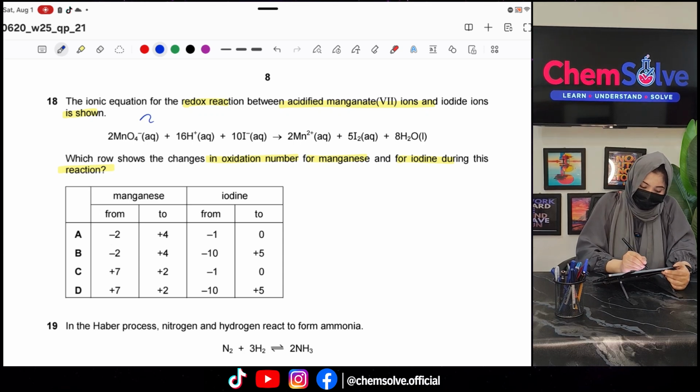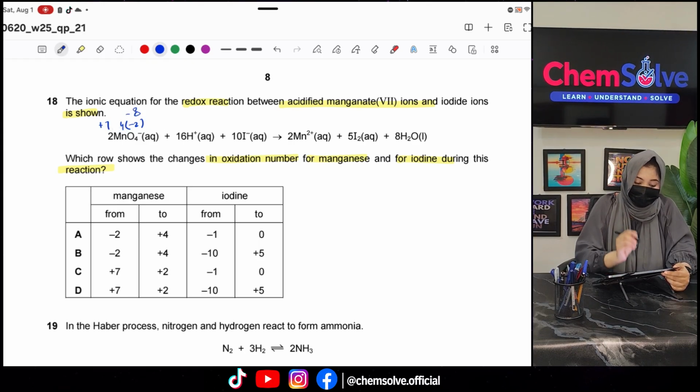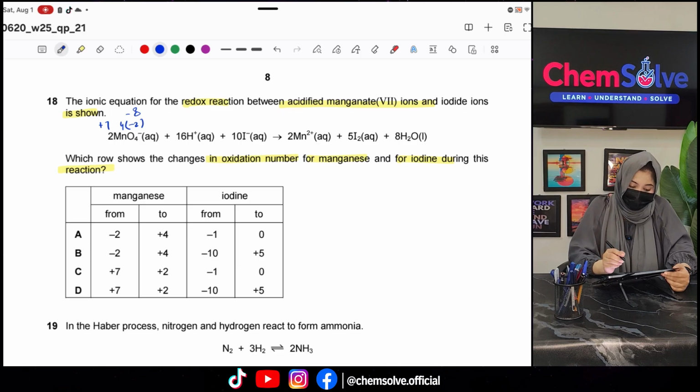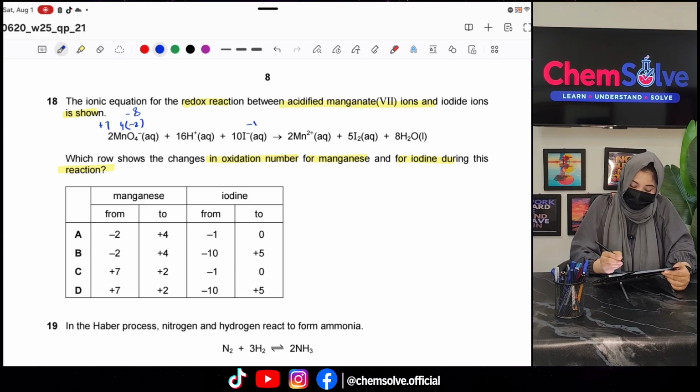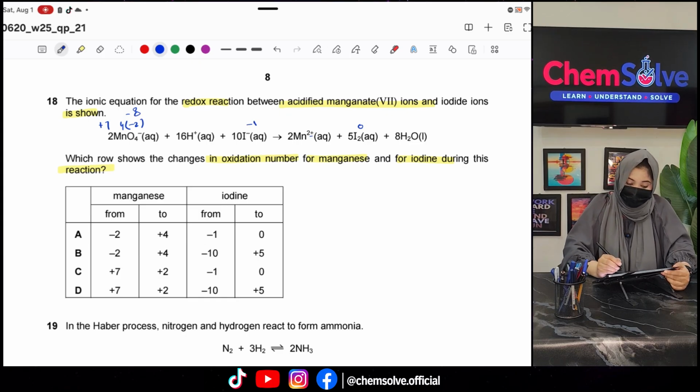Okay, so for manganese, oxygen is -2. There are 4 oxygens, so it is -8. We need overall -1, so I need to put 7 here. -8 plus 7, -1 overall. Iodine is -1 here. Manganese is +2 here, clearly shown. And iodine is 0 because in free state they are 0.